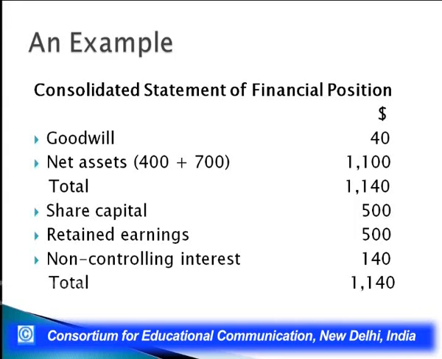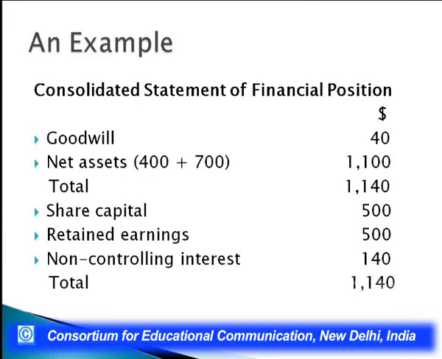This is point number 1. Point number 2 is that net assets would be shown of both the companies. So 400 plus 700. 400 is the value of assets of whose? Of the parent company. 700 is the value of assets of the subsidiary company. So as I said, assets would be added line by line.